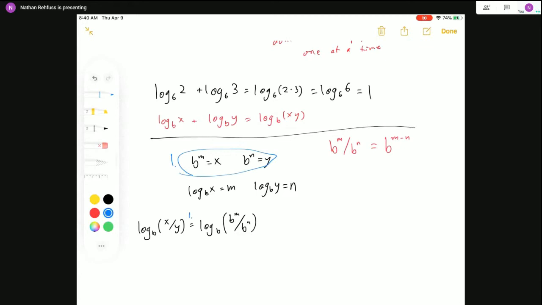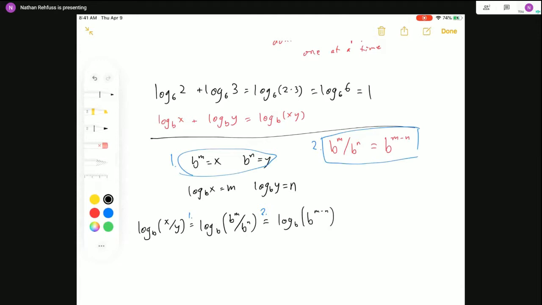Second step, I'm going to throw my exponent division property into the pot. I'm not going to worry about the logarithm right now. I'm going to do my work inside the logarithm for a bit. b to the m over b to the n is b to the m minus n.